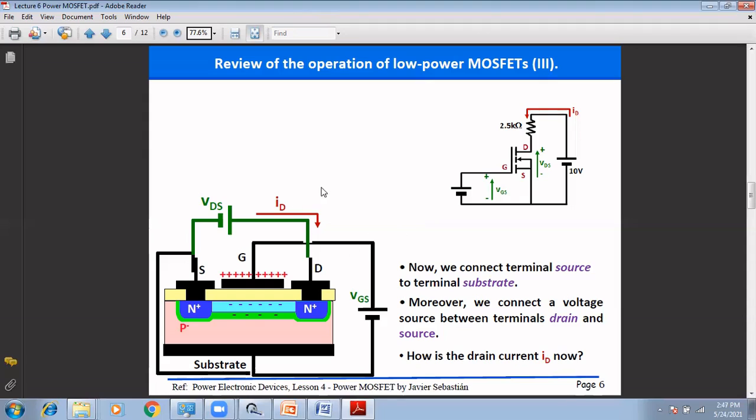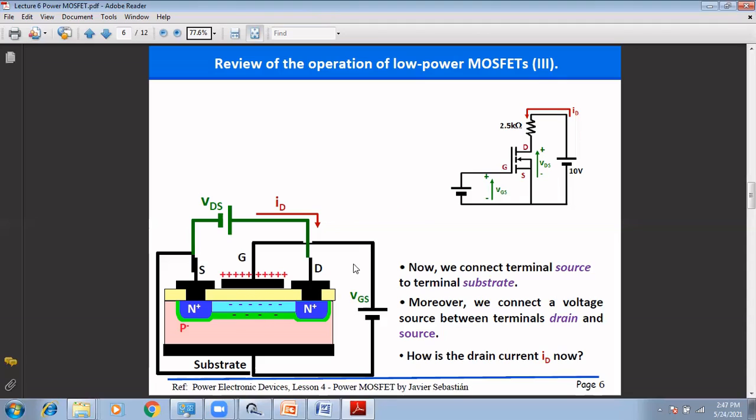In this PPT, we are learning how the drain current flows from the source to the drain. In the last PPT, we have seen that by applying the VGS voltage, we are able to create the inversion layer.